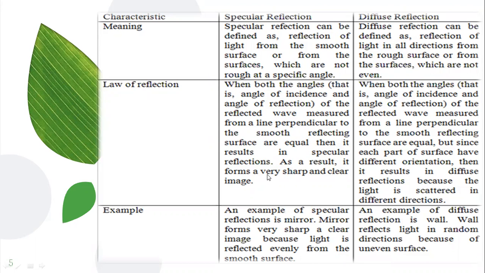As a result, it forms a very sharp and clear image. But in diffuse reflection, the angle of incidence is different and the angle of reflection is different. Then it results in diffuse reflection because light is scattered in different directions. So in a simple way, you can say that one is converging light and the other is diverging light.